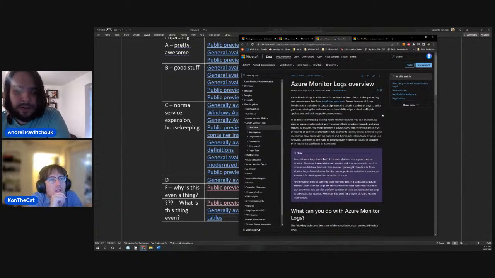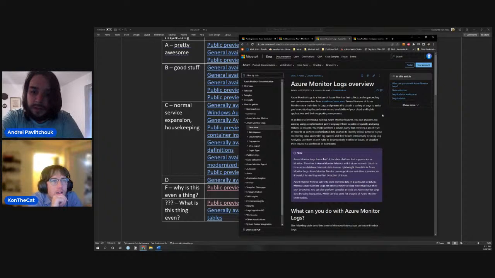Okay. I'll let you read, but basically it's when you send logs to log analytics and stuff like that. No, I know that. I don't think that this is that. This is Azure Monitor stuff. Yeah, this is parallel to Azure Monitor.